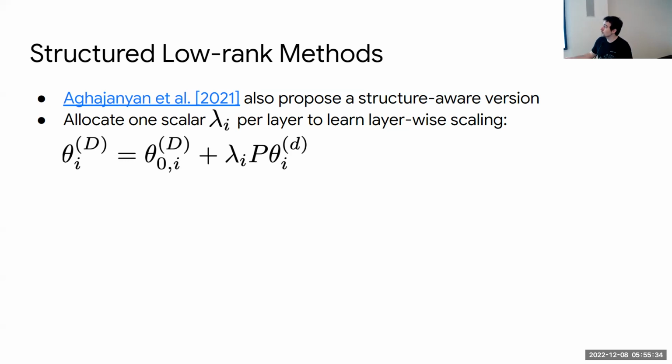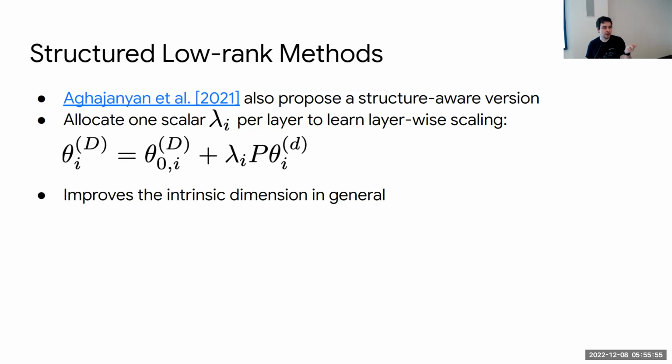So for each layer index i here, we have a separate learned scalar that we multiply with our parameters, just so the model at least has a very simple means of deciding which layers are more important and which layers it should give more attention to. And just including this very simple structure information also improves performance in practice, or improves the intrinsic dimension in practice, as they've observed.